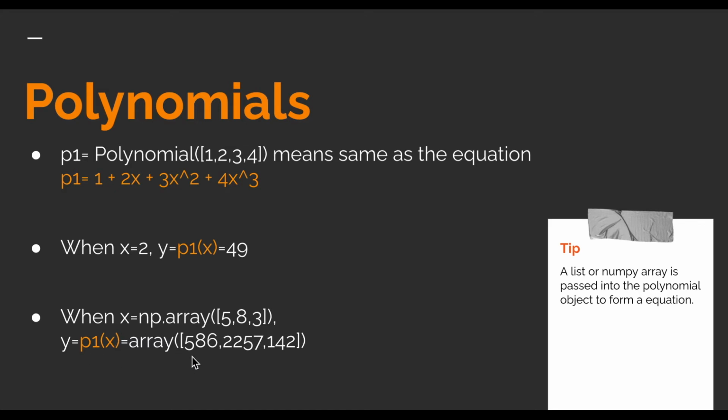This will return an array containing the corresponding y values. This is nothing but writing this line three times. So instead of writing this line three times, we can just pass an array and get an array in return.